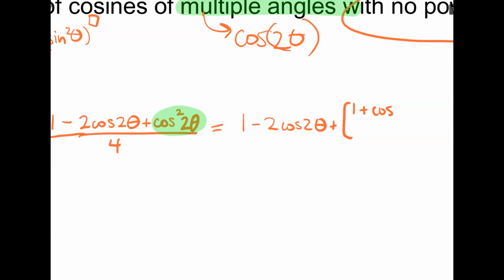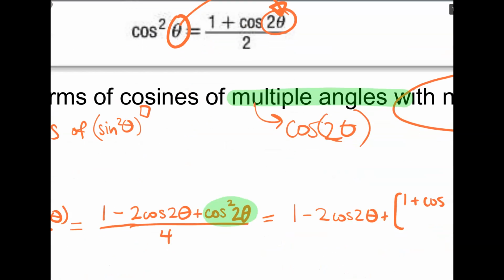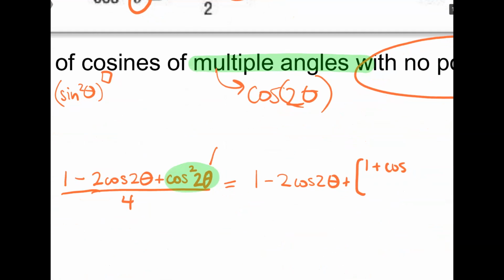And then this, so up here, whatever angle I plug in, I'm doubling. Do you see how it turned the angle I plugged in into 2 times that angle? What angle am I plugging in here? I'm plugging in 2 theta. And so I'm going to be doubling my original angle.